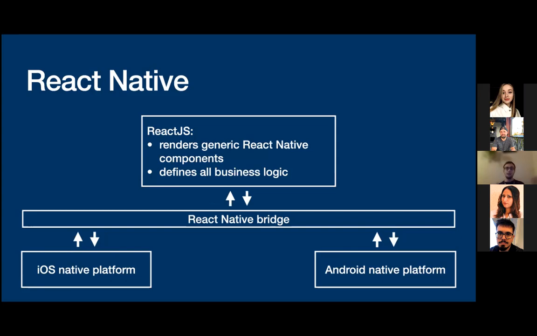And iOS says, yeah, sure, I can render a navigation button because I know how my navigation button looks. And the same thing goes for Android. React Native just says, hey, there will be a navigation thing somewhere right here. Render that. And Android says, okay, I know how my navigation buttons look. I will render them accordingly.